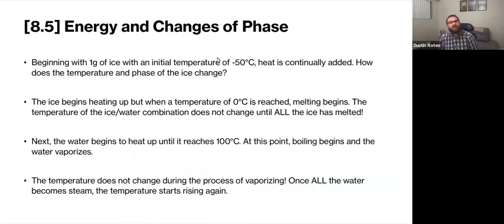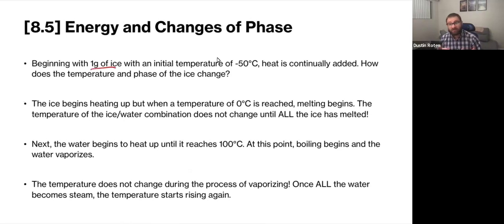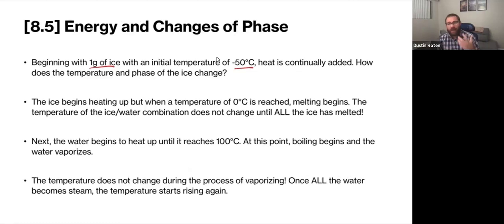Oh, excellent. Okay, so let's do one more example. We're just going to take 1 gram of ice with an initial temperature of -50 degrees Celsius, so it's pretty cold. And we're just going to keep adding heat to it. We'll start at -50 degrees Celsius and just dump in heat, and we'll go through the whole solid to liquid to gas exchange.